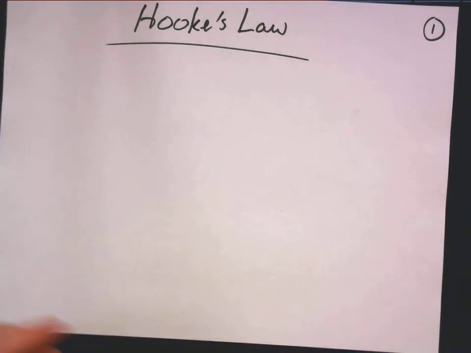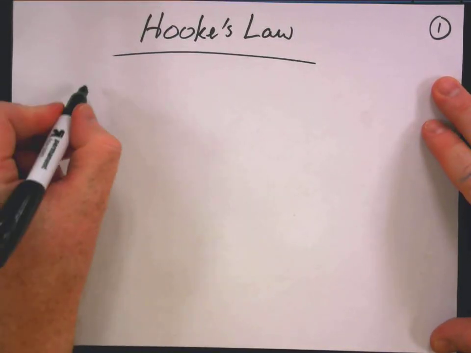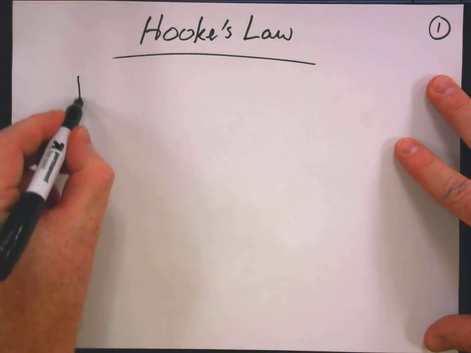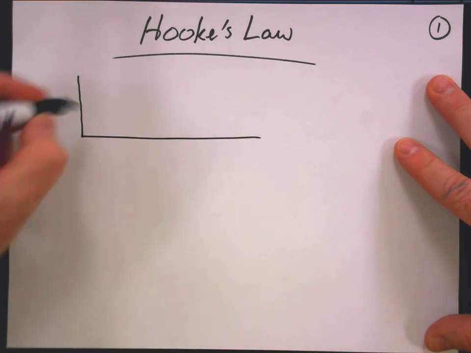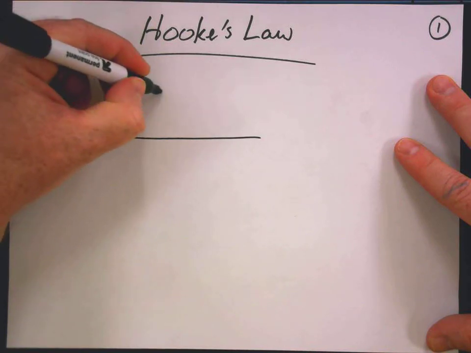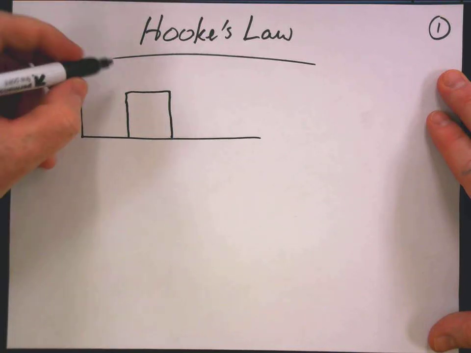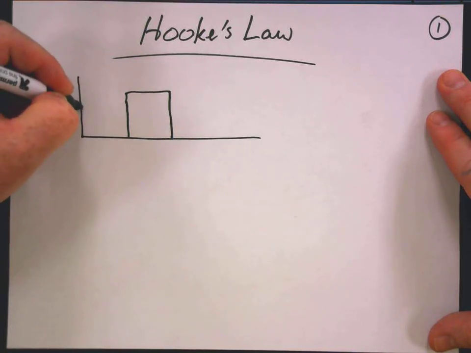What do springs really do? Right? Let's look at a situation. I'm going to have a setup where I have some object. Doesn't matter what it is, and it's attached to this fixed surface by a spring.